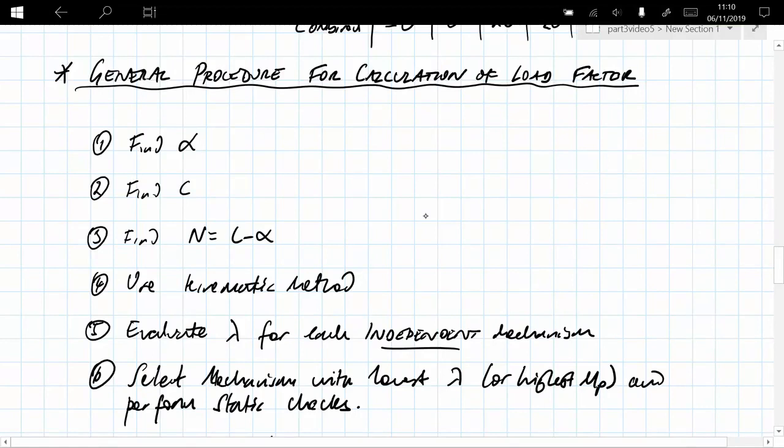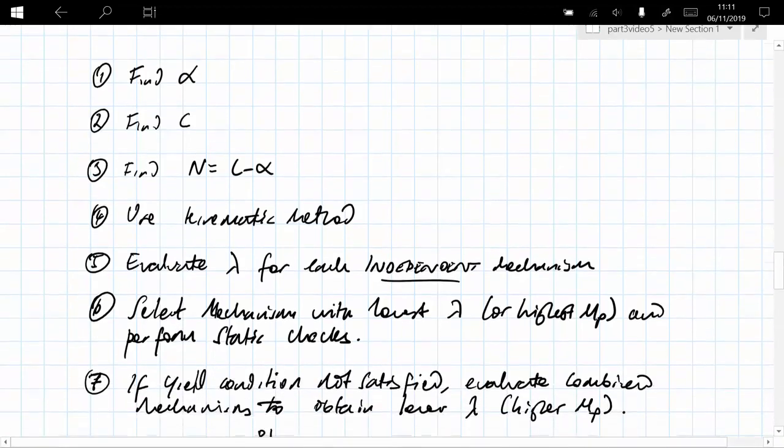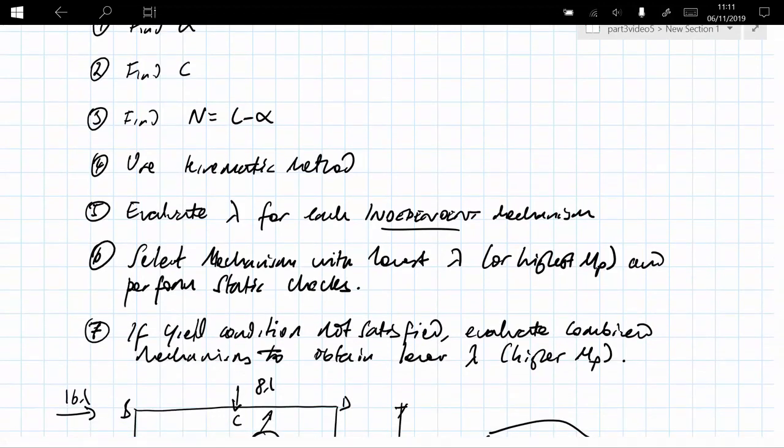The general procedure for calculation of the load factor at collapse is outlined as follows. Firstly, as before, we need to find alpha. We then need to find the number of critical sections C. We then need to find the number of independent mechanisms N, after which we then use the kinematic method.